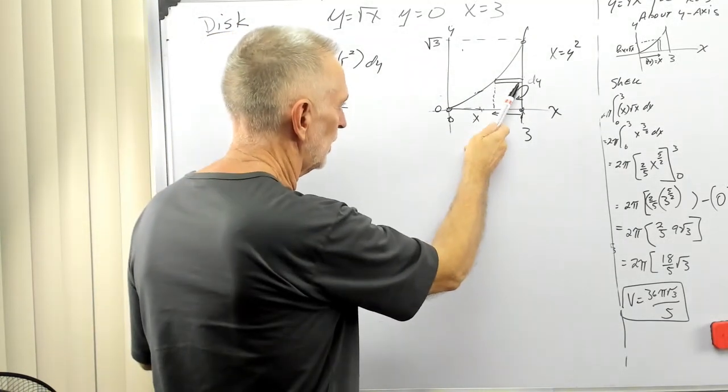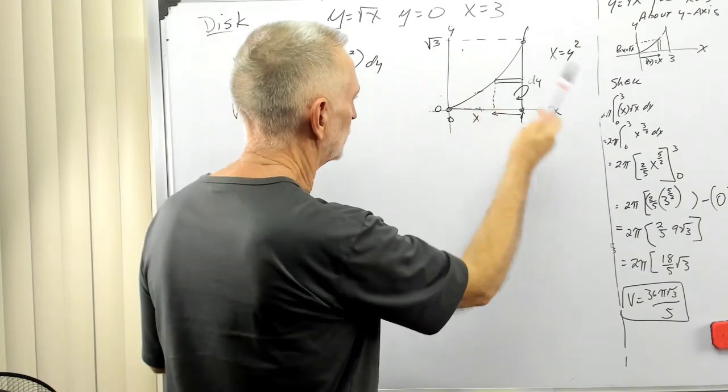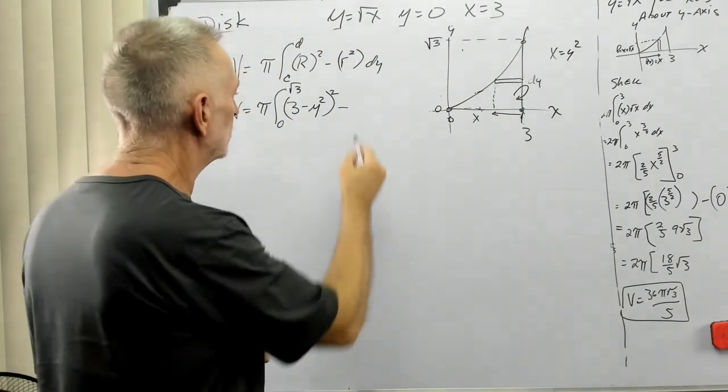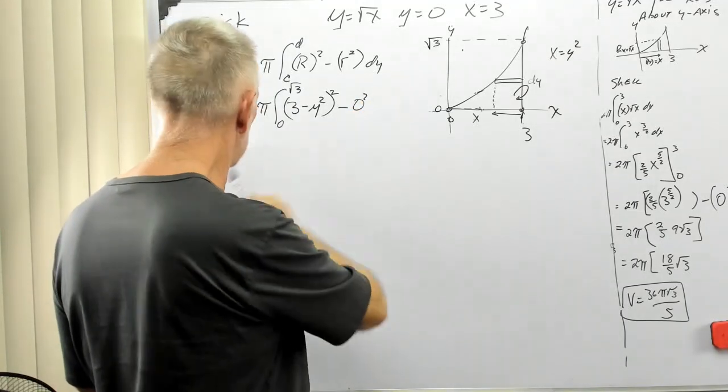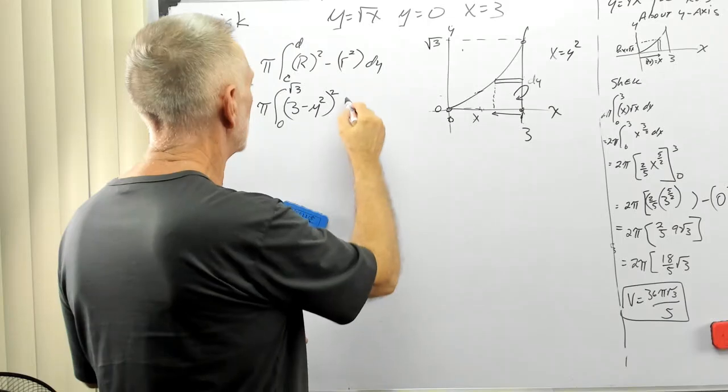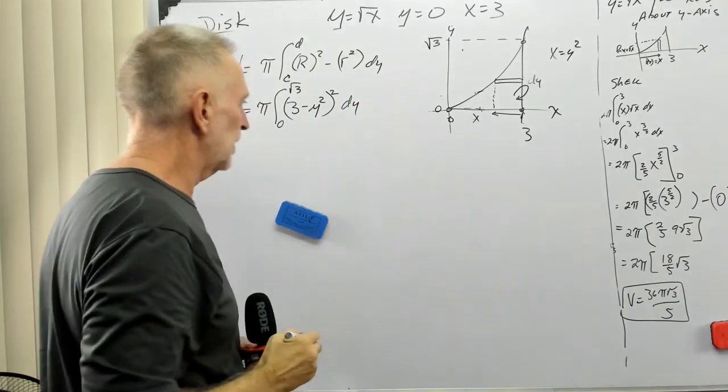Notice that the rectangle is sitting right on the axis that's getting rotated, so it's 0. So now I have 0 squared, which is obviously 0, so there's nothing there. And we're integrating with respect to dy.